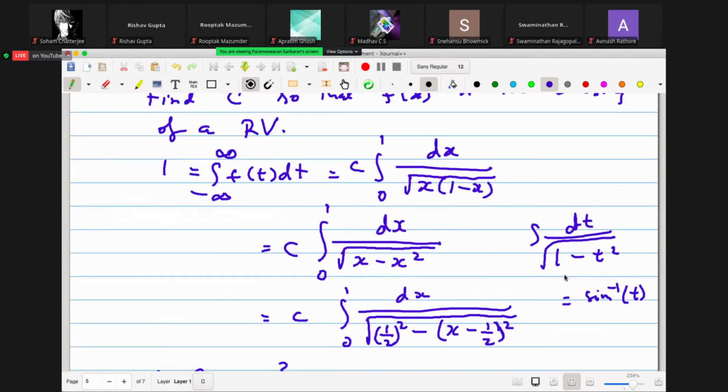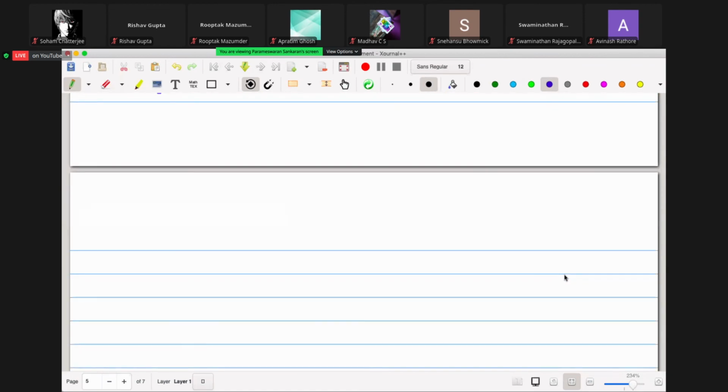So I have time for one more problem. Very quickly I will do it. This is also given in the book. So f of t is equal to c times e power minus t minus e power minus t or something like that, dt.